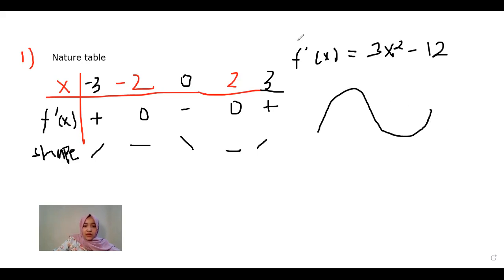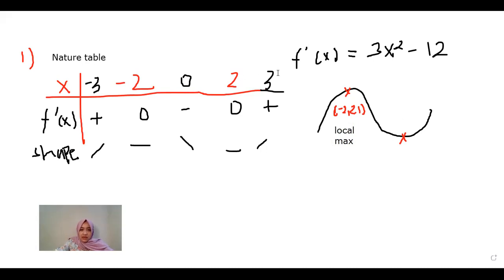So the value here, it will be the point -2, with 21. I forgot the 21, yeah? So this one is called a local maximum. So this coordinate belongs to the local maximum.